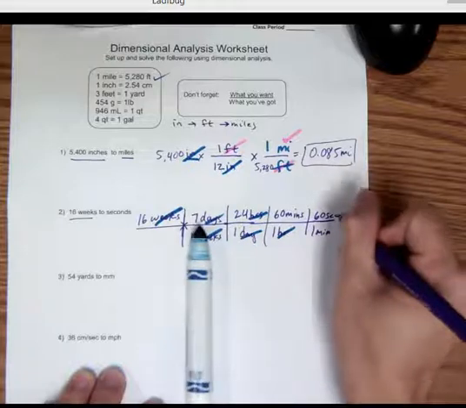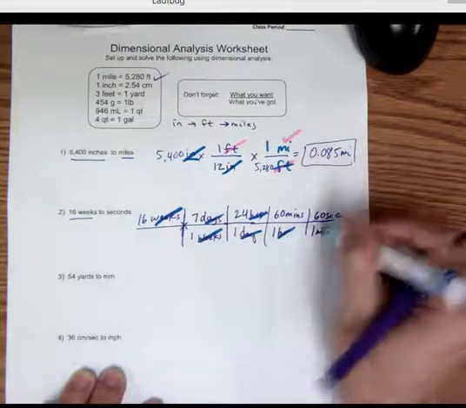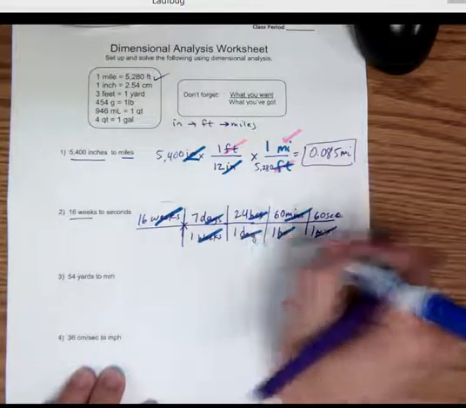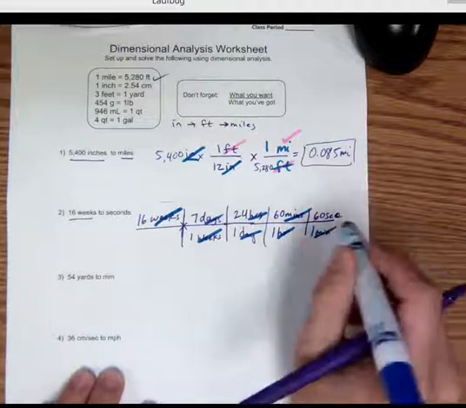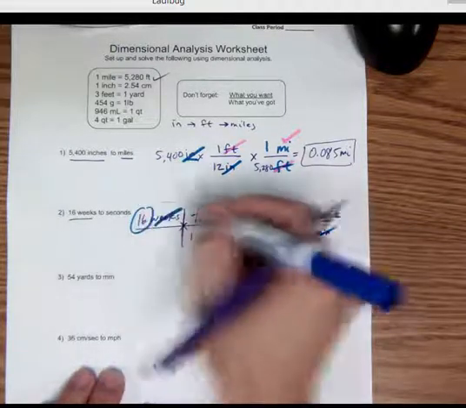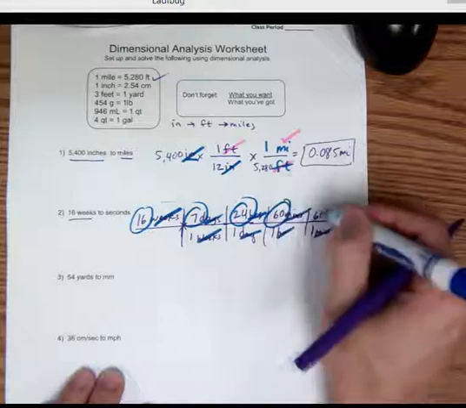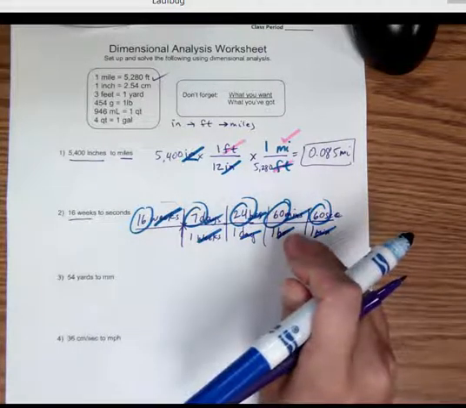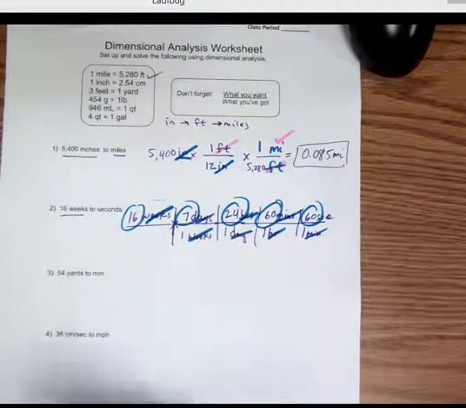We need seconds, so we stop there. Logically, we multiply every number on top and divide all the numbers on the bottom. It's going to be a huge number: 16 times 7 times 24 times 60 times 60. All the bottom numbers are 1, so you don't need to divide them. Pretty simple as that.